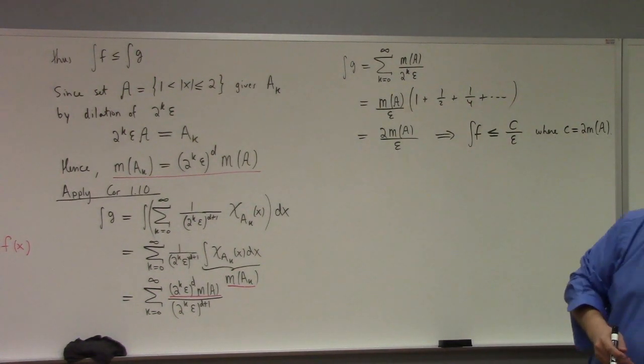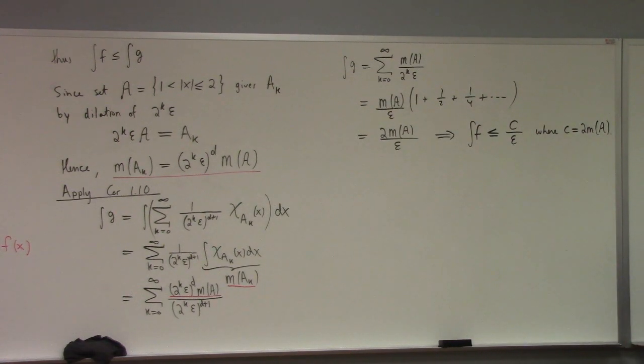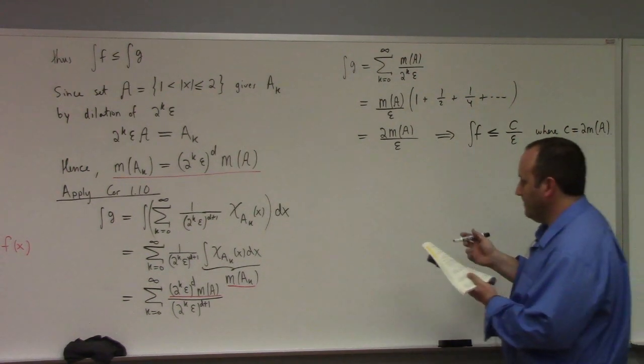But I like this calculation. I think it's good for us to go through this. Yeah. And he says, notice that the same dilation invariance property in fact shows that... cool.